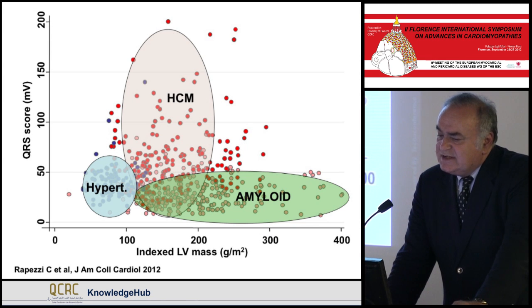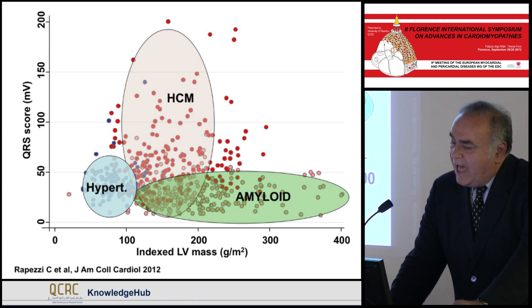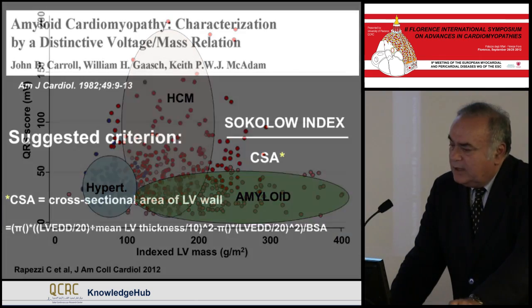If we put some hundreds of patients in this Cartesian plane, echocardiographic mass on the horizontal axis and QRS score on the vertical axis, you see that hypertensive heart disease patients are here, hypertrophic cardiomyopathy patients are here, whereas amyloid patients are here with this horizontal sloping.